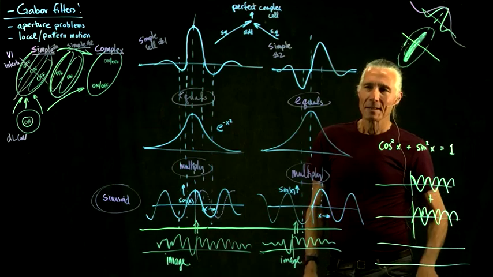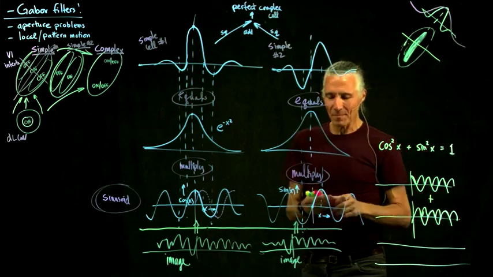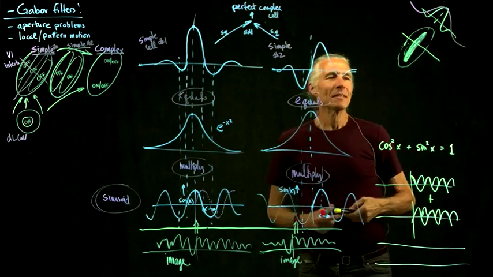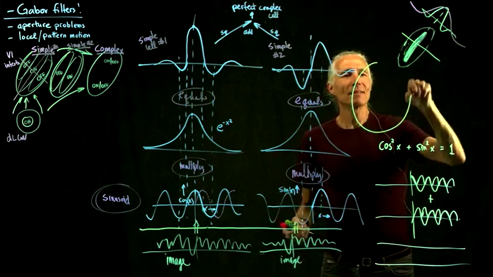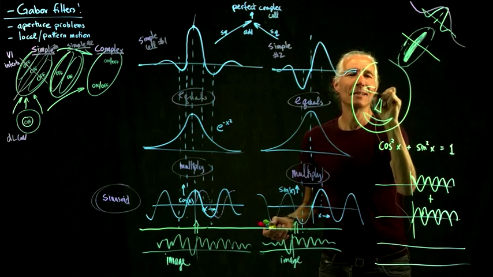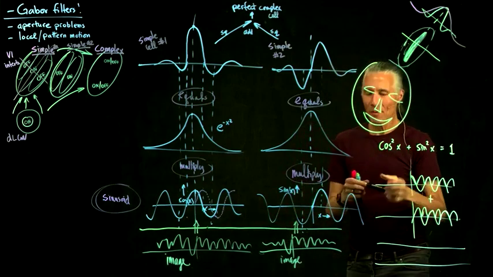Now, these are tiny little ripples. So what are we talking about in real life? Say we have a smiling face here. How big are these receptive fields?